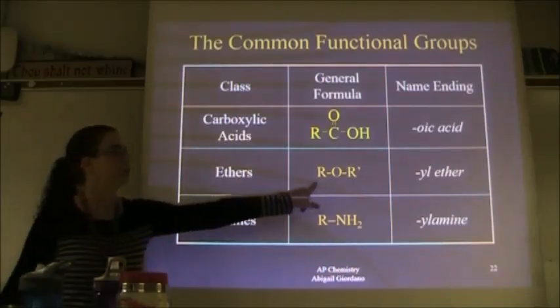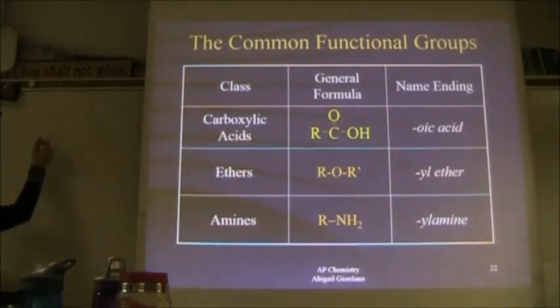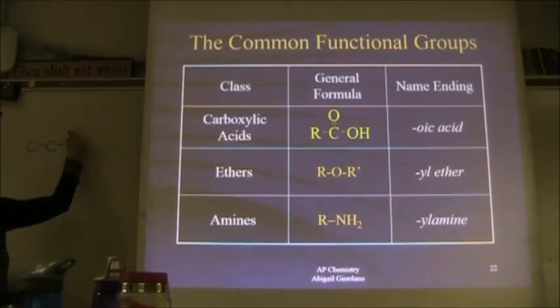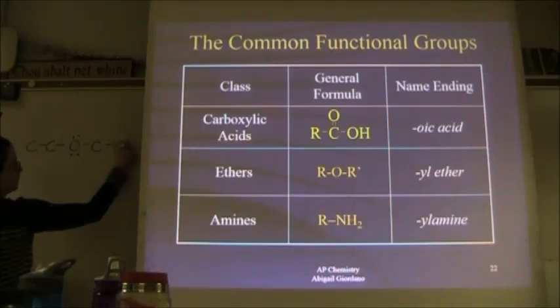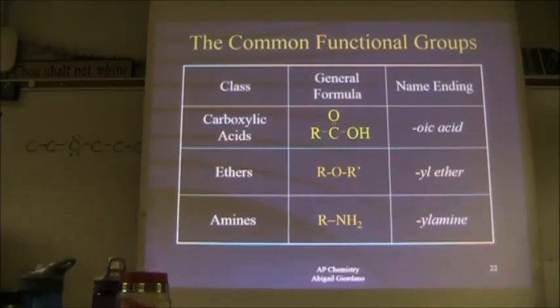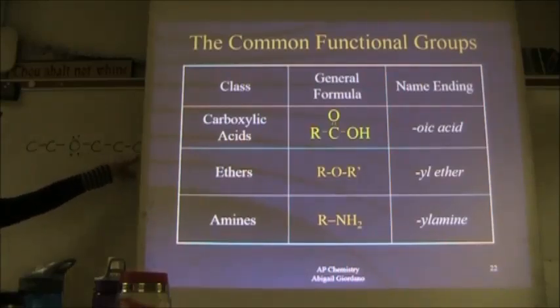Ethers, let me explain what's going on here. Instead of having something attached to your main chain, you've got something interrupting the main chain. Like that. Here's how we name ethers. Tell me, guys, how do you name a 3-carbon substituent?